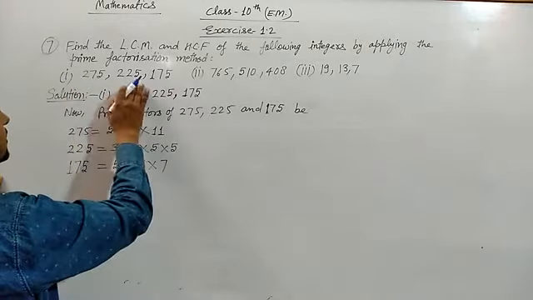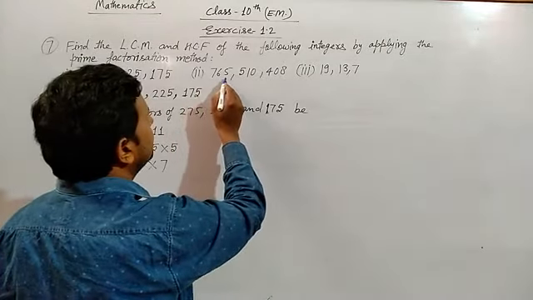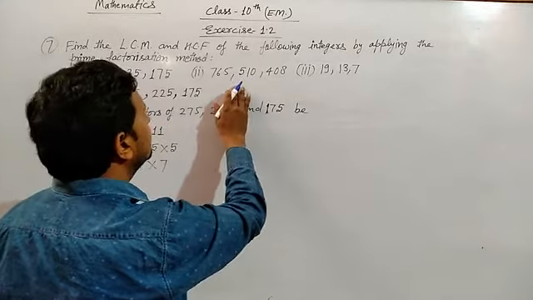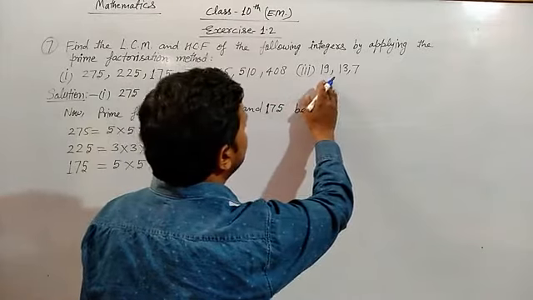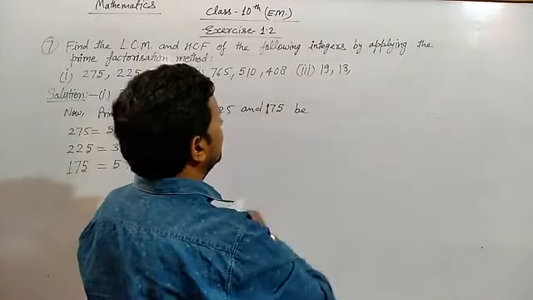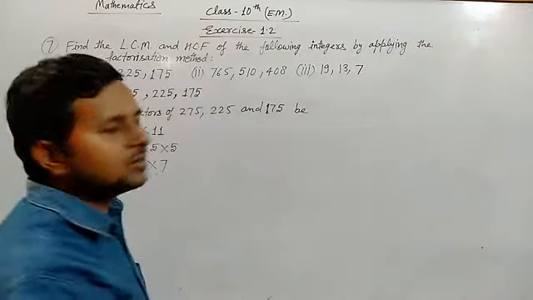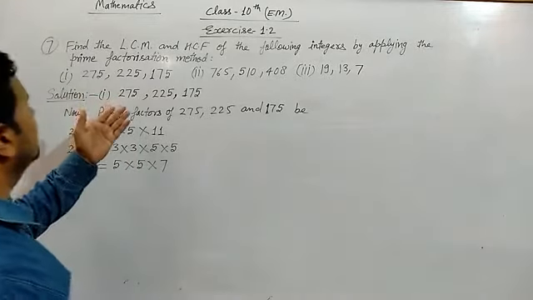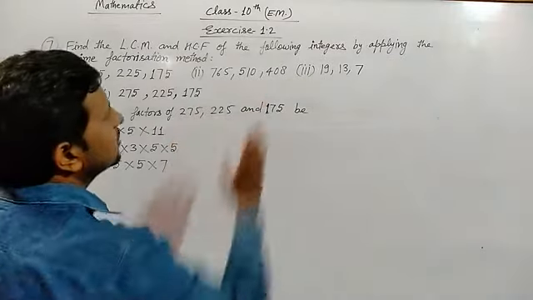In the second part, 765, 510 and 408 are given, and in the third part, 19, 13 and 7. These are three numbers given in each part. So I will solve the first part here and you have to solve the second and third parts.